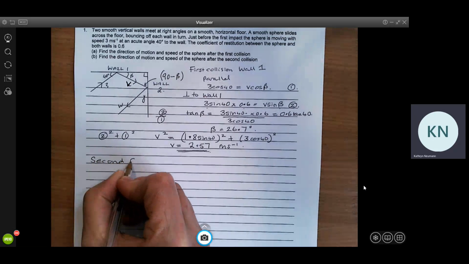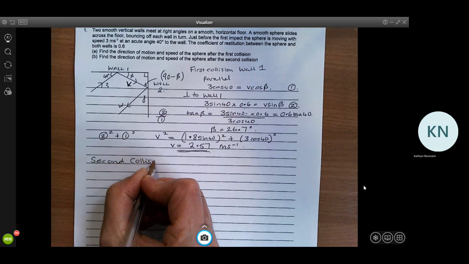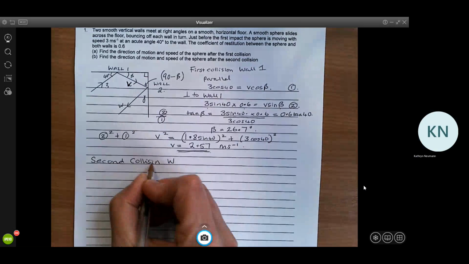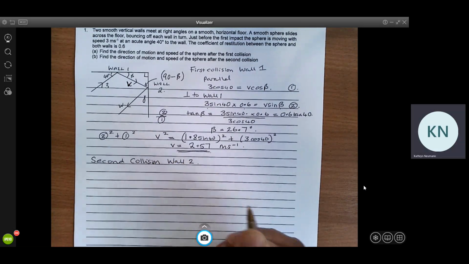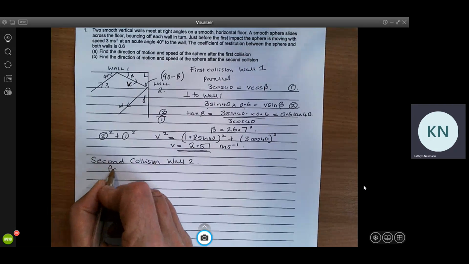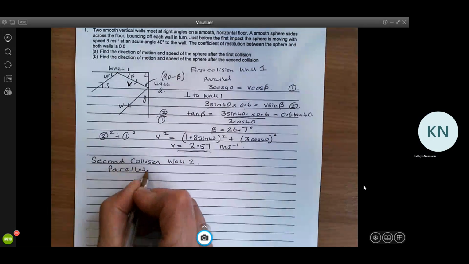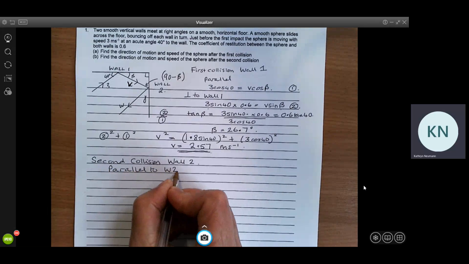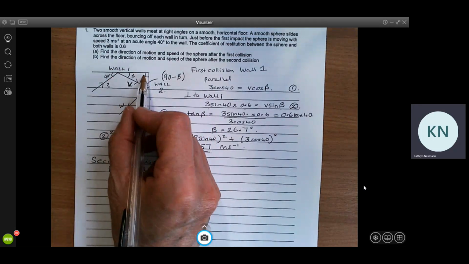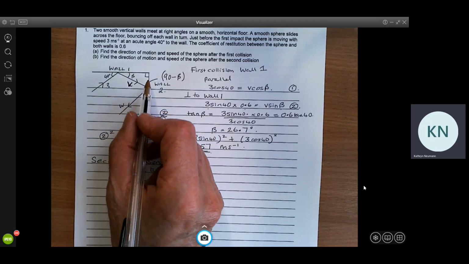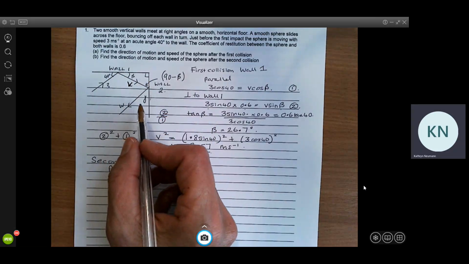Second collision, that's with wall 2. So let's look at what's happening parallel to wall 2. Now notice parallel to wall 2 is perpendicular to wall 1. So you have a lot of that sort of thing going on.